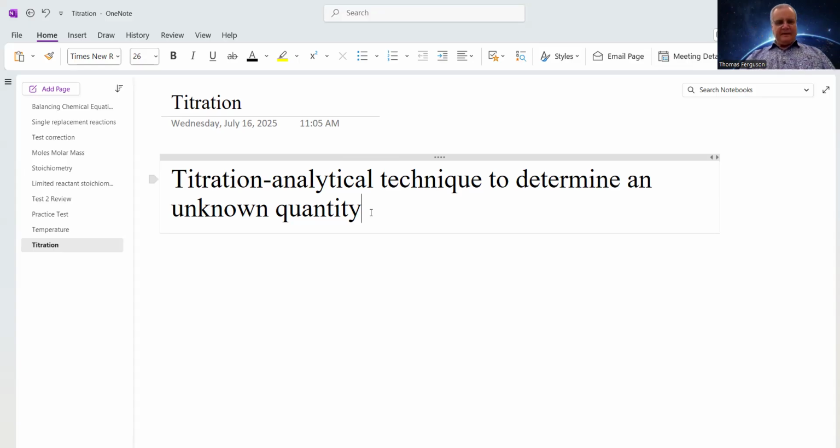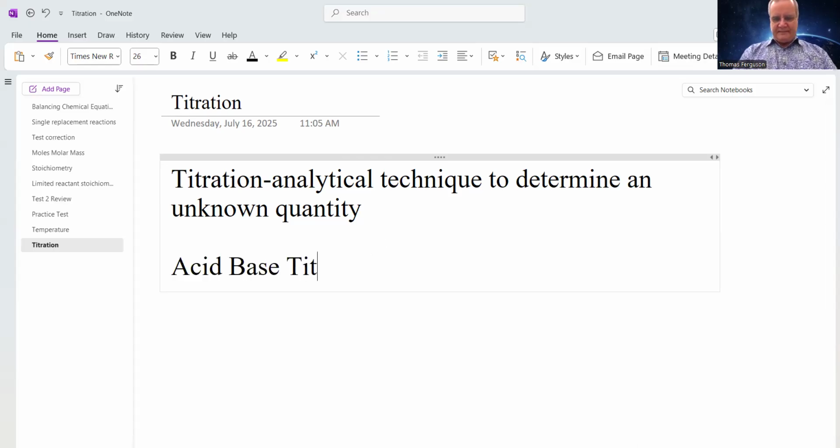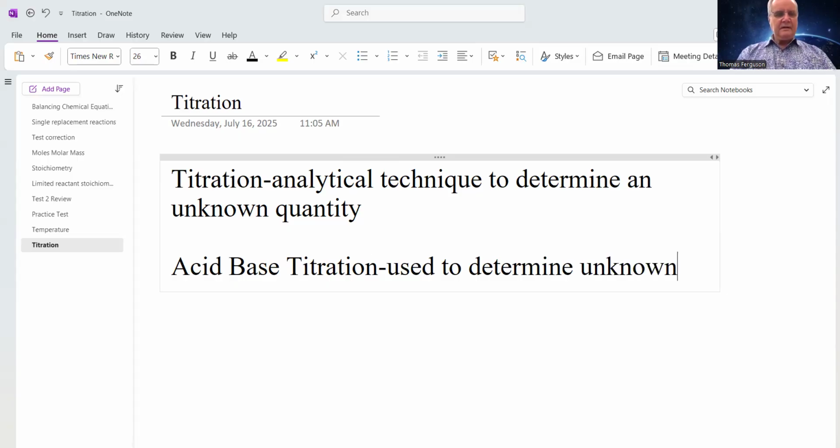Okay, so acid-base titration. Usually 95% of the time it's used to determine an unknown acid concentration.